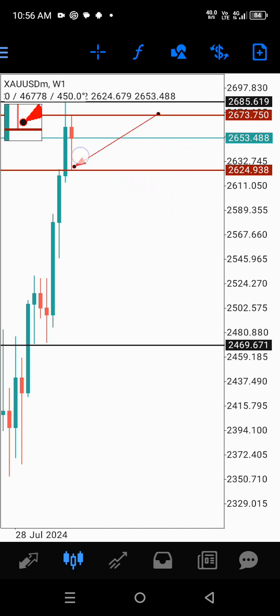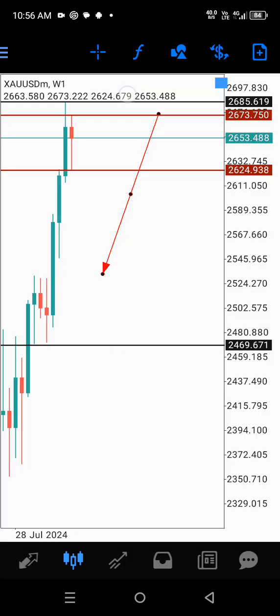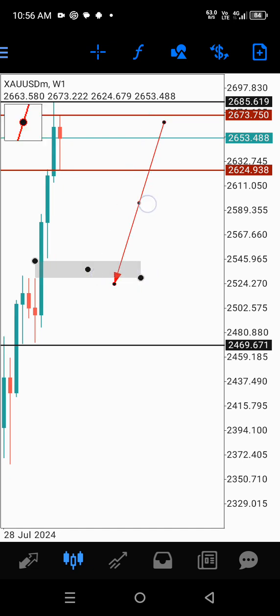So from the weekly perspective, we can see that there's a fair value gap here, and there's another block which has not been retested, which has a dragon fruit pattern here. So this dragon fruit pattern is what I'm still looking at on gold.